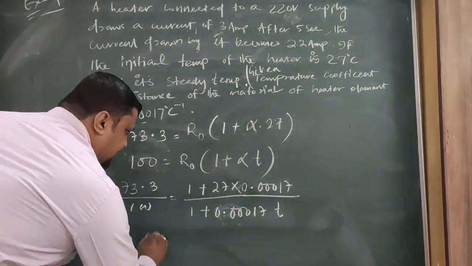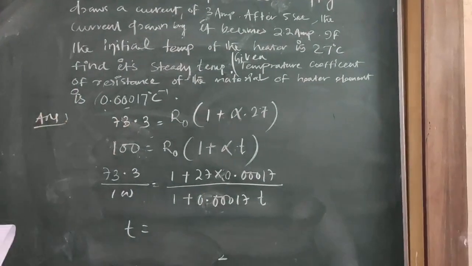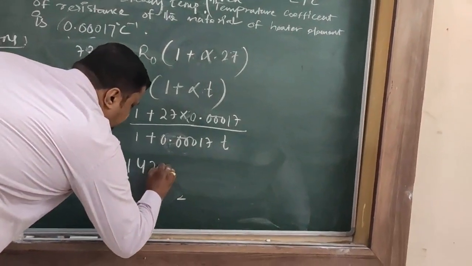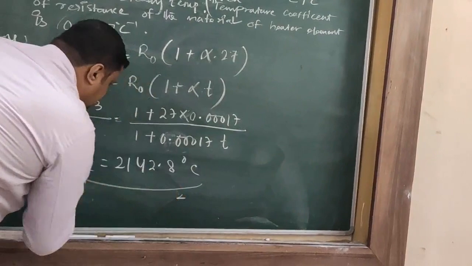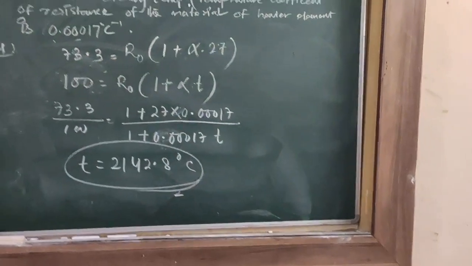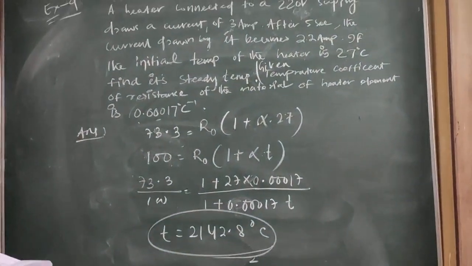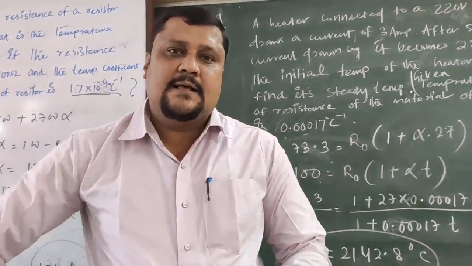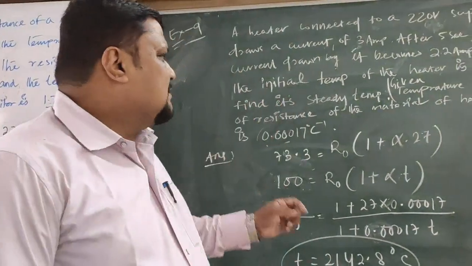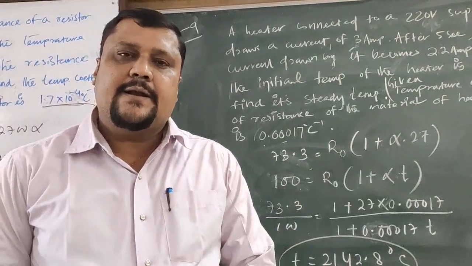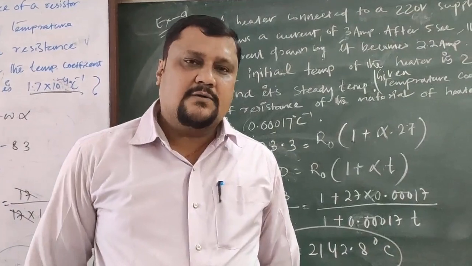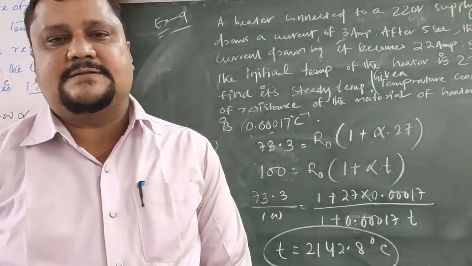Cross multiply, and you will get the temperature T is equal to 2142.8 degrees centigrade. So this is about the examples based on electric current, drift velocity, resistance, resistivity, and how the resistance depends on temperature. Thank you.